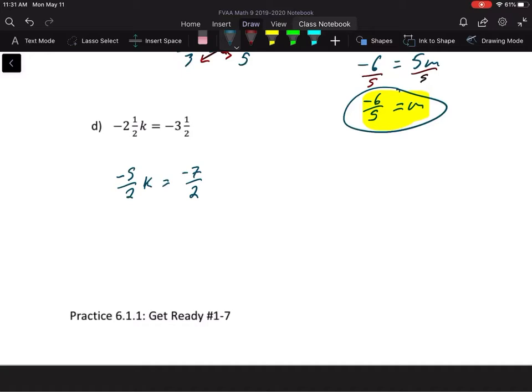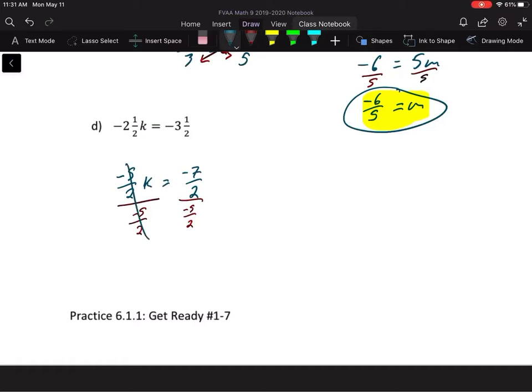All right. And then here, we want k to be by itself. So the way I'm going to make negative 5 over 2 equal to 1 is, again, I use the opposite operation. Because it's negative 5 over 2 times k, I'm going to divide both sides of my equation by negative 5 over 2.